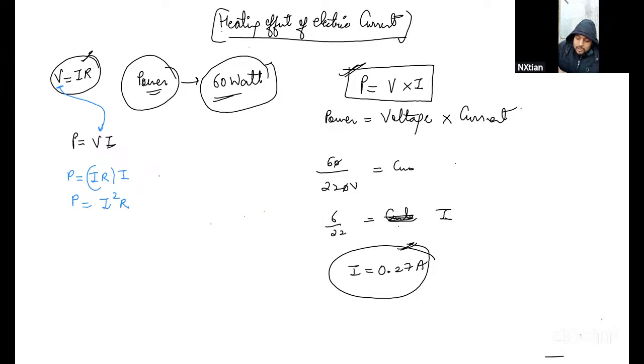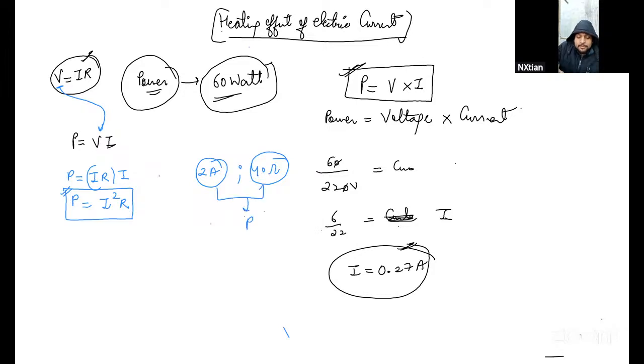Now in this question, why did I derive this formula? Because when current is given in the question, for example, 2 ampere current is flowing through a bulb having a resistance of 40 ohm, and they tell you to calculate the power, what will you do?